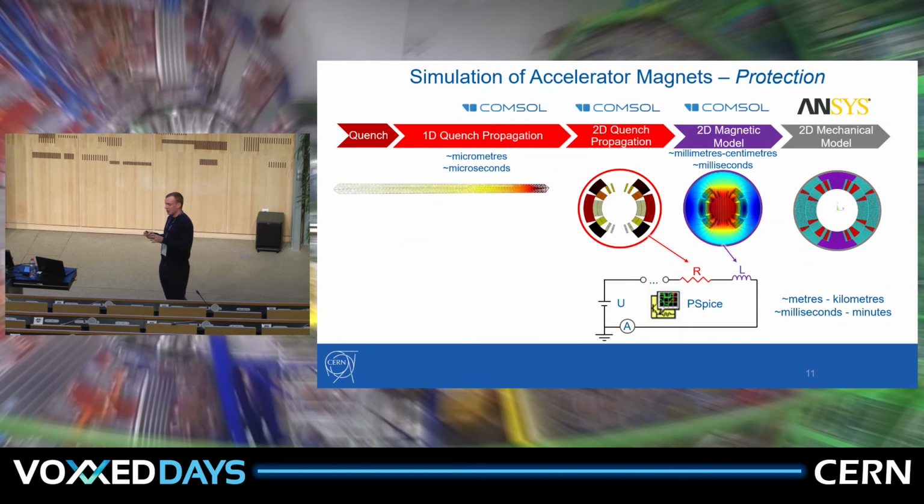So now the challenge is how to translate something that is distributed geometrically into a circuit, how to distribute the magnetic field properties into a single parameter and still be able to follow the process inside the circuit. And these are the challenges we are tackling with this team, as well as the challenges of various scales. So we're talking about kilometers, but what happens at the origin of the quench is micrometer scale, microseconds time resolution.